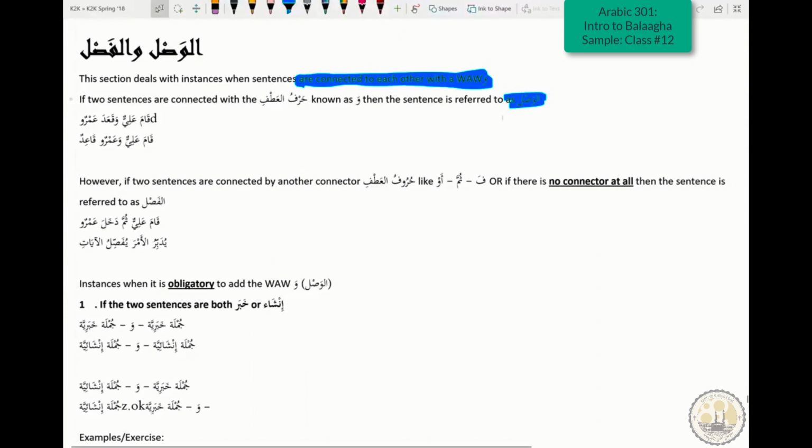Like, for example, قام علي وقعد عمرو. Ali stood and Amr sat. قام علي is one independent sentence, and قعد عمرو is another independent sentence.